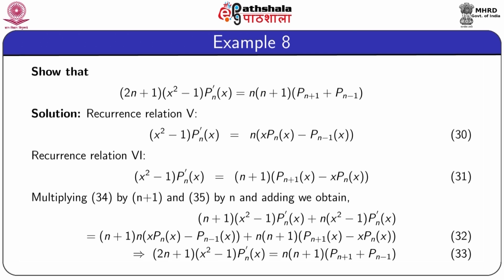If we simplify this, we come to the desired result, which is (2n plus 1) (x square minus 1) P dash n is equal to n (n plus 1) (P n plus 1 plus P n minus 1).